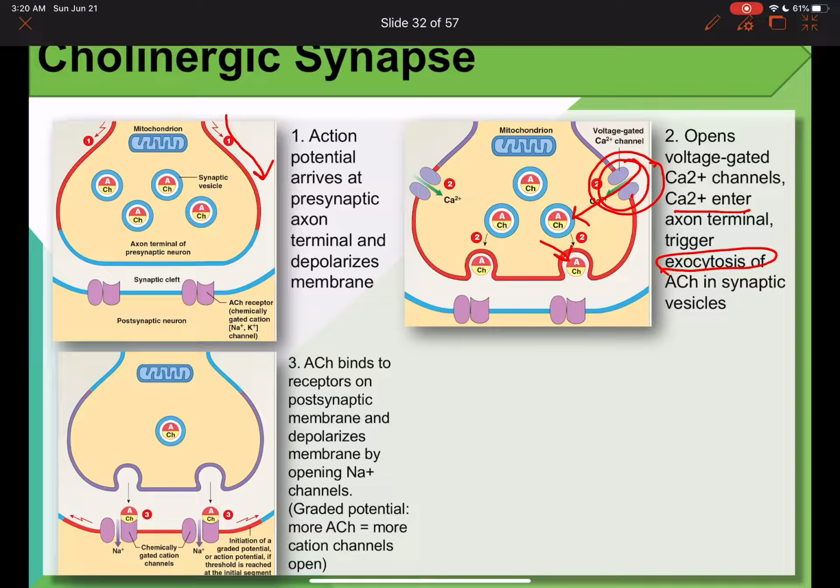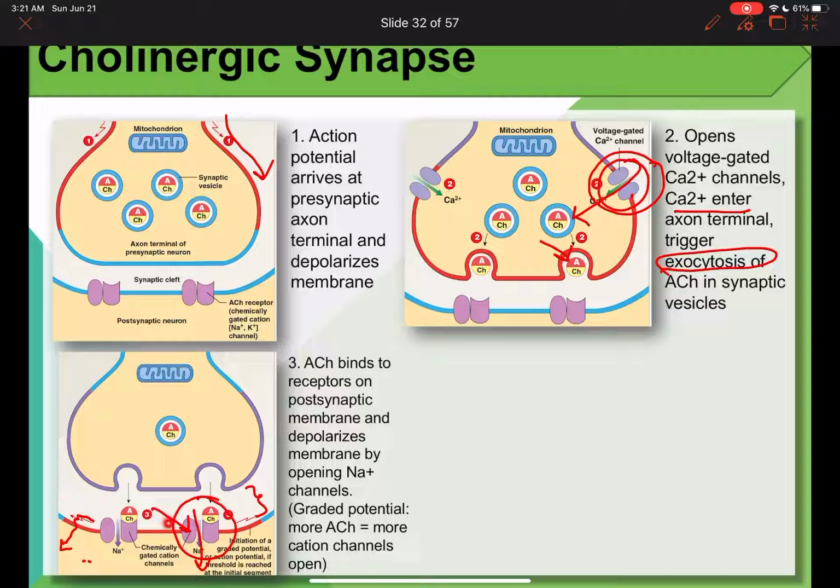And once acetylcholine travels into the synaptic cleft, it binds to the postsynaptic membrane's chemically gated sodium channel, activating it and allowing sodium ions to flow into the cell, therefore propagating that action potential further down the postsynaptic neuron.